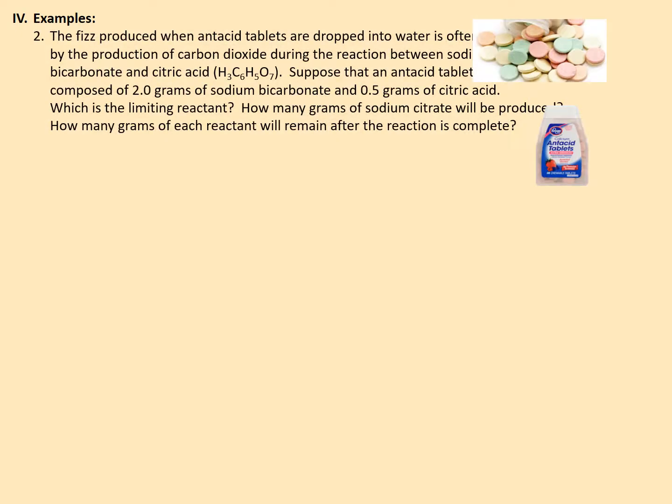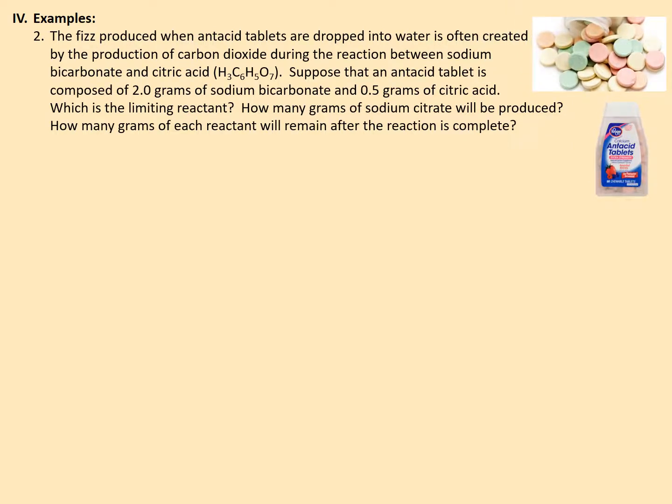All right, so let's apply this procedure to one more example involving limiting reactants in order to reinforce some of these concepts. So in this example, we're told that the fizz produced when antacid tablets are dropped into water is often created by the production of carbon dioxide during the reaction between sodium bicarbonate and citric acid.